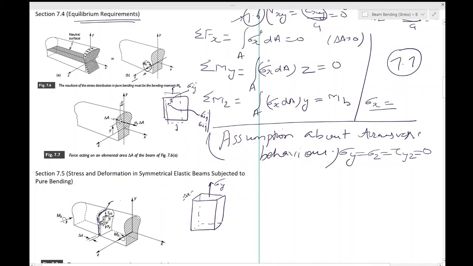It also does not have a sigma z, and it does not have tau yz, meaning on the y plane in the z direction. I am trying to look at it from this side. This is my eye and I am trying to look from over here. So these things are all zero on the surface. Everyone understands that because it is easy to see that there is no such thing on the surface.